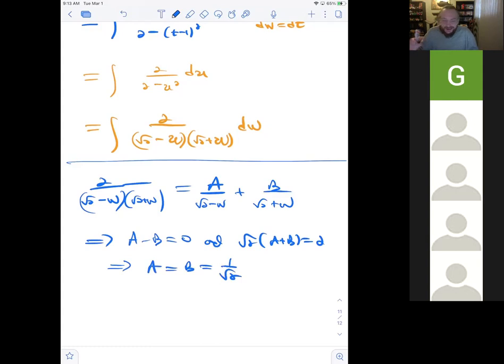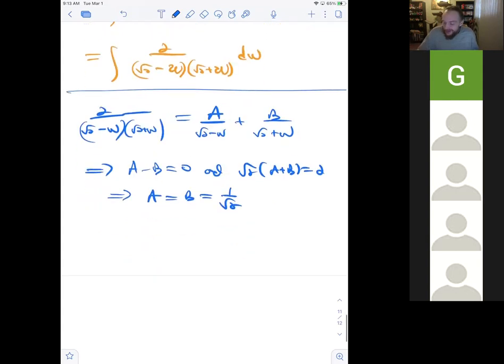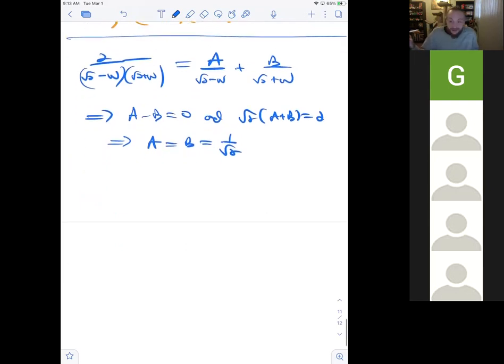I'm skipping the details of solving for the A's and the B's because I'm assuming, hopefully, that you set this up over and over again. You can try this, but that's the coefficients. So now I'm doing partial fraction decomposition. It's factored, it's proper.